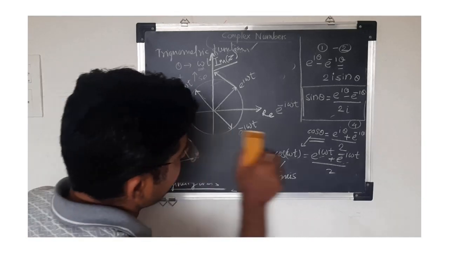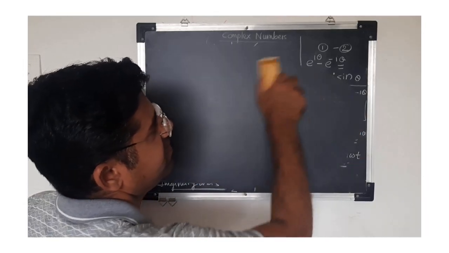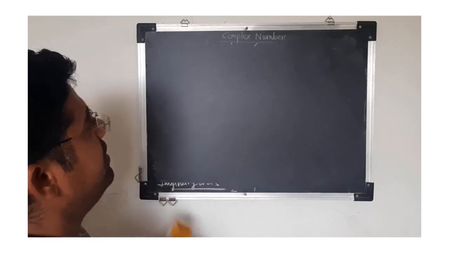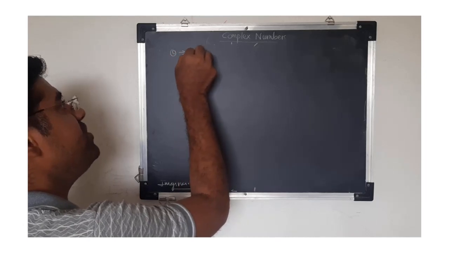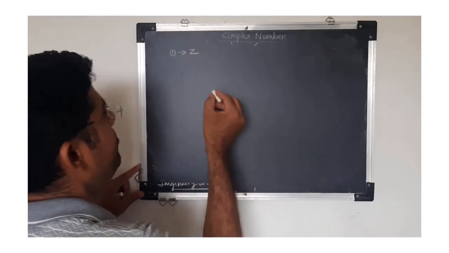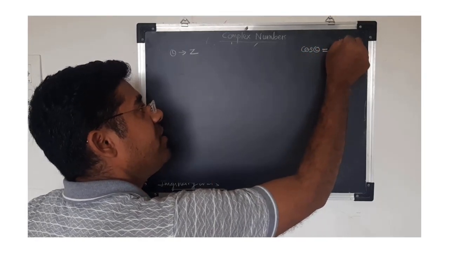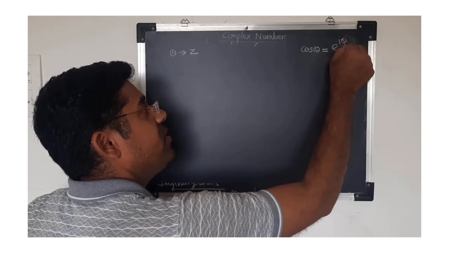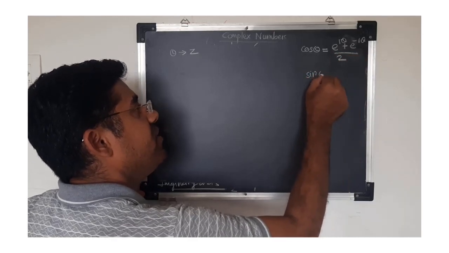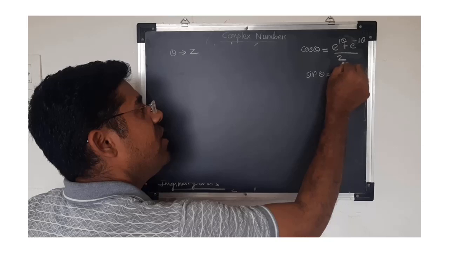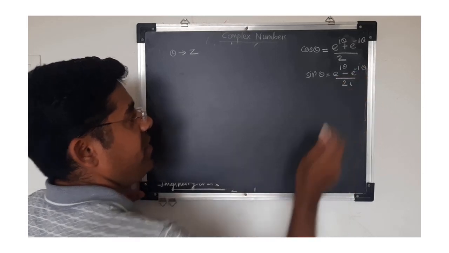Now till now we are focusing only on the real things. So your angle is real. But suppose the theta angle is replaced with your z. Means cos theta is equal to e raised to i theta plus e raised to minus i theta upon 2, and sin theta is equal to e raised to i theta minus e raised to minus i theta upon 2i.